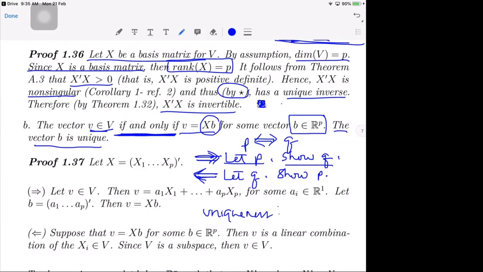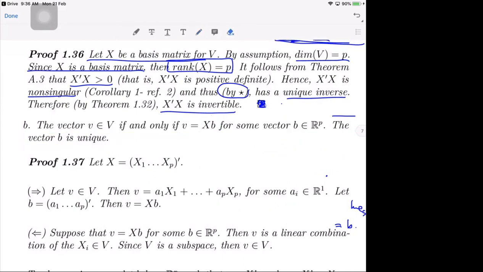To show uniqueness, you assume two values, or two vectors, say a and b, and you have to show that a is equal to b. That is uniqueness. So this is the second part. So that is a guide on how to prove an if and only if statement and uniqueness. Are you still with me?